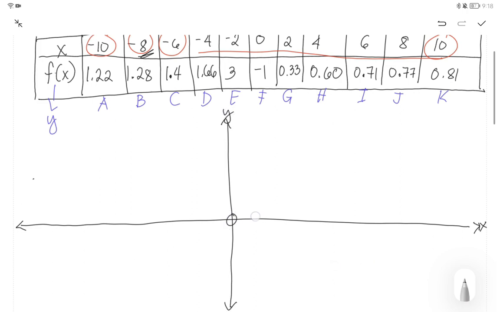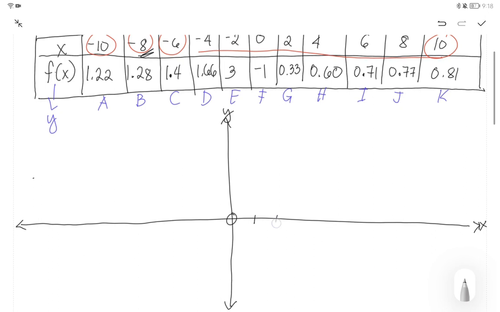This is 0, 1, 2, 3, 4, 5, 6, 7, 8, 9, and 10.